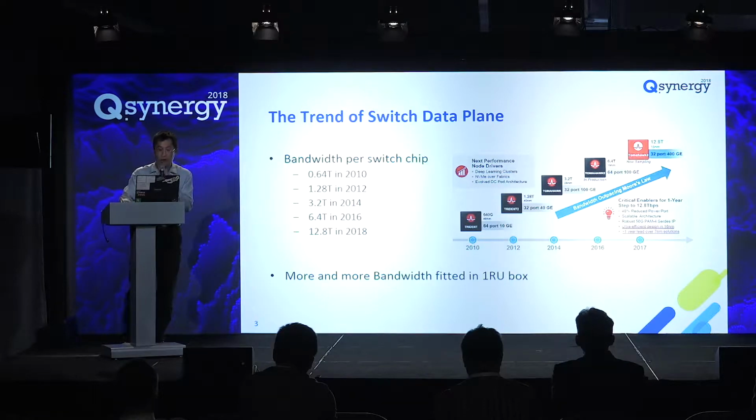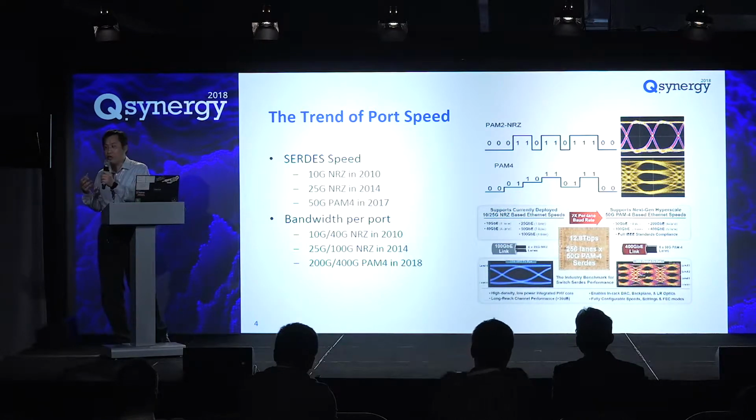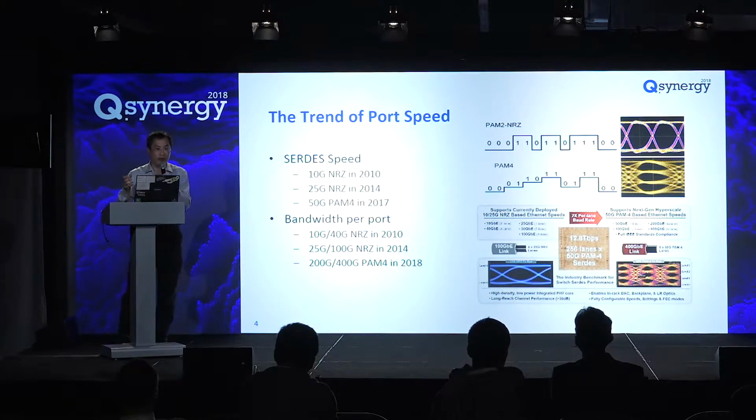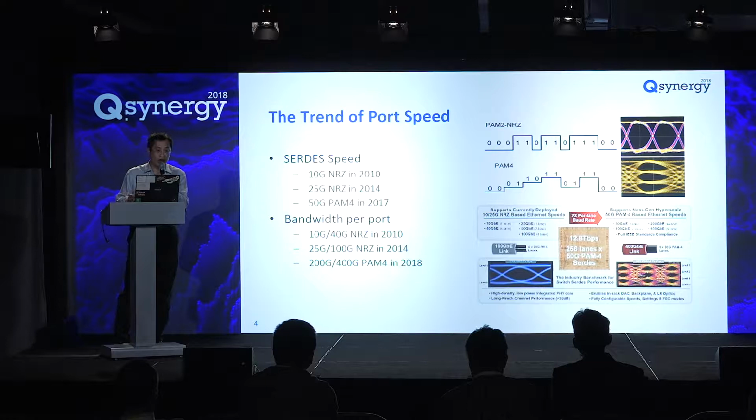So this is a trend about the data plane. Another trend is about the port speed, right? Since we want to keep the same form factor of the box with more and more bandwidth, that means we want the port speed to be even higher. From this page, you will find the serial interface going from 10 gig to 25 gig and even 50 gig, by different modulation technology, from NRZ to PAM4.